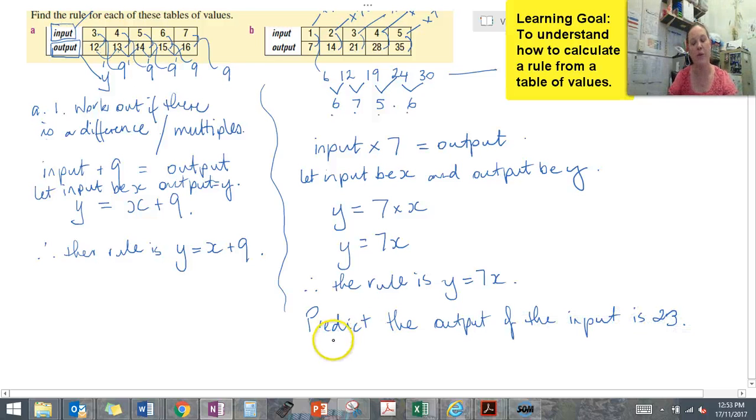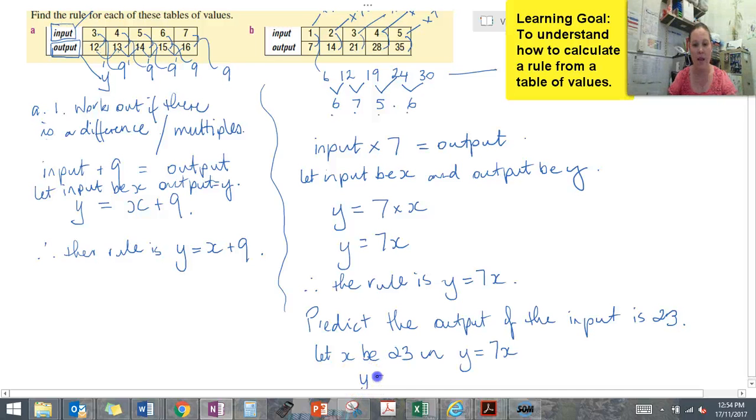So we're not going to want to continue our table all the way there because that's a really long table, but what we can do is we can have a look at our rules. So we're going to let X be 23 because our input, remember, was equal to X, and then we're going to put that into our equation.